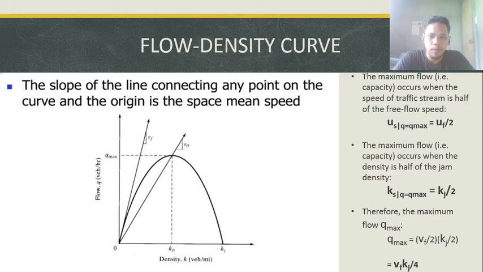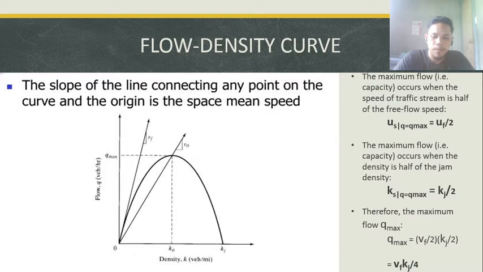Also, the maximum flow, or the capacity, occurs when the density is half of the jam density.